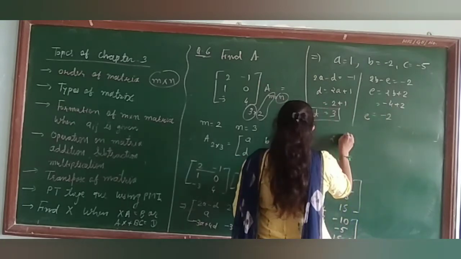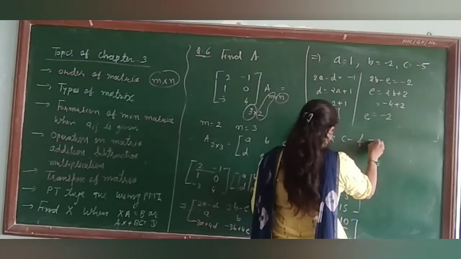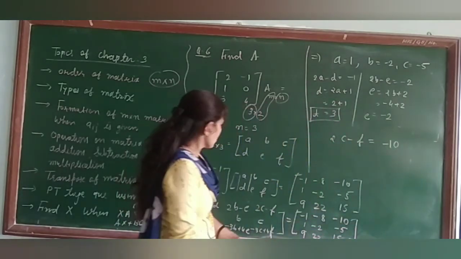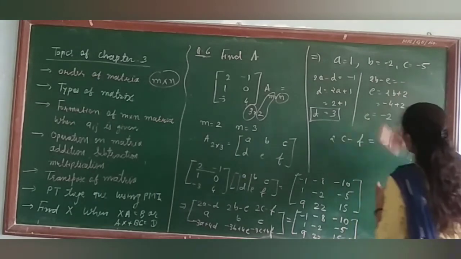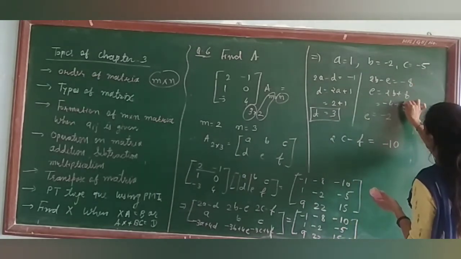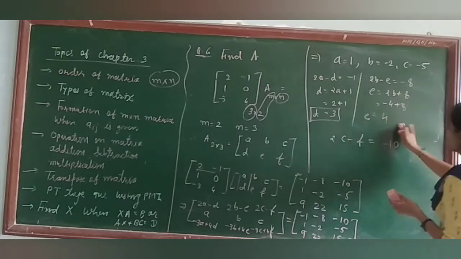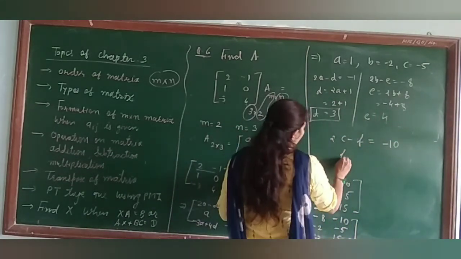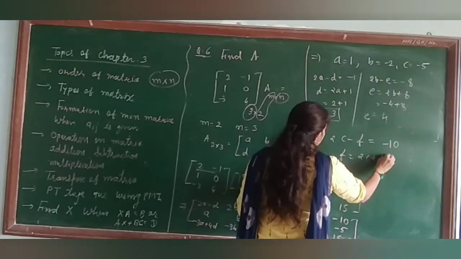And 2C minus F is equal to the third, there is a minus 10. It is wrong above, it is minus 8, so this is plus 8, so the answer is plus 4. Now 2C minus F is equal to minus 10, so F is equal to 2C plus 10.